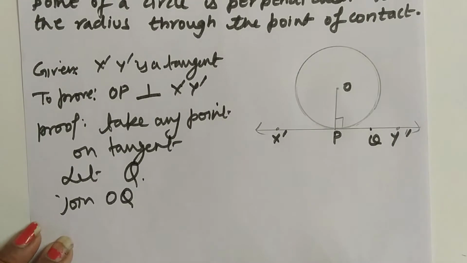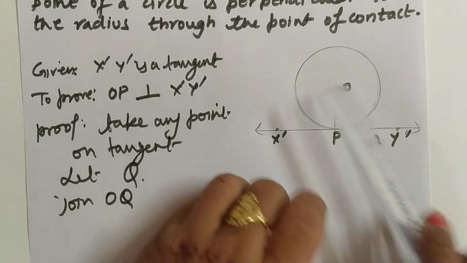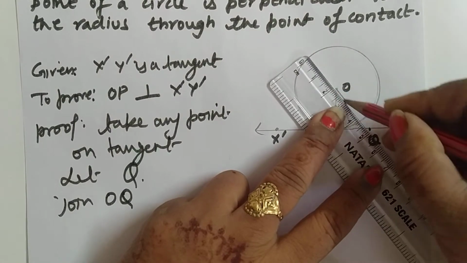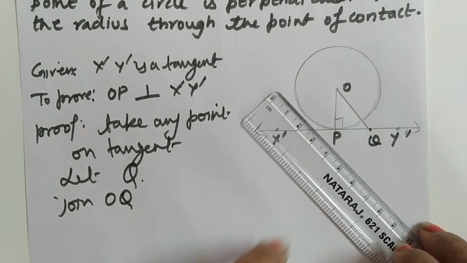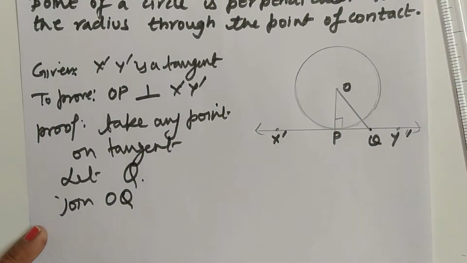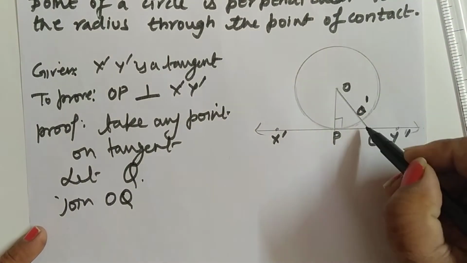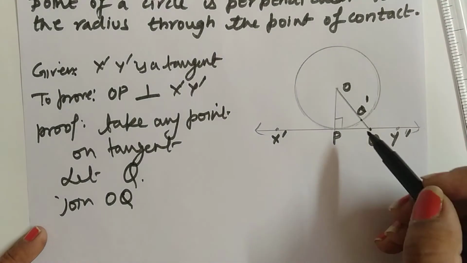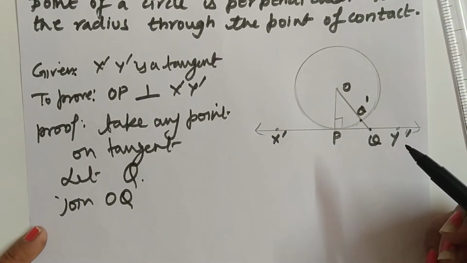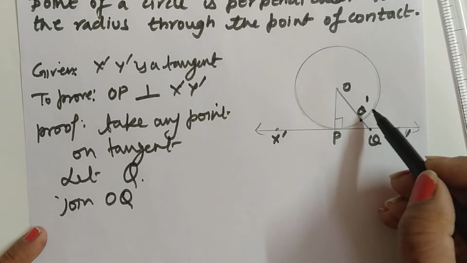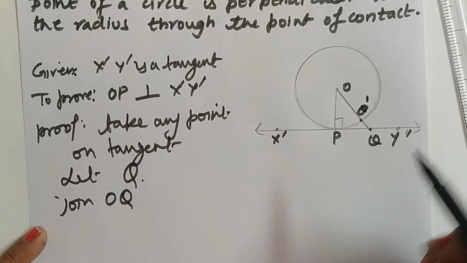Now we are going to join OQ. When we join OQ, we get one more point, Q', which is on the circumference of the circle.